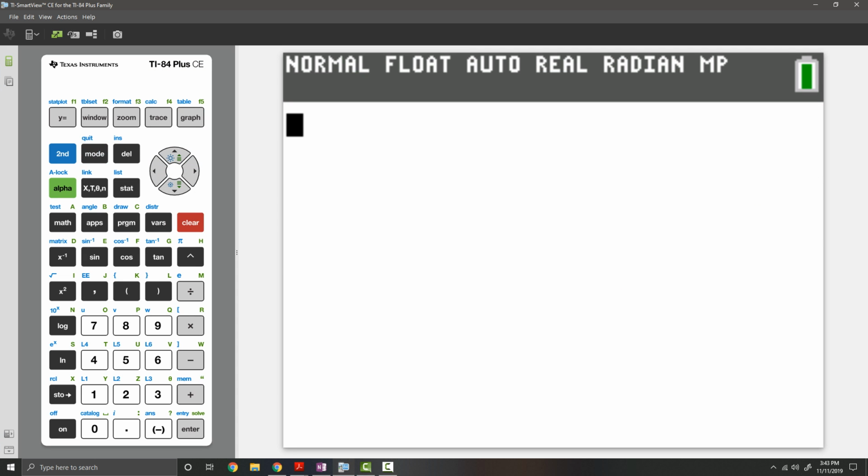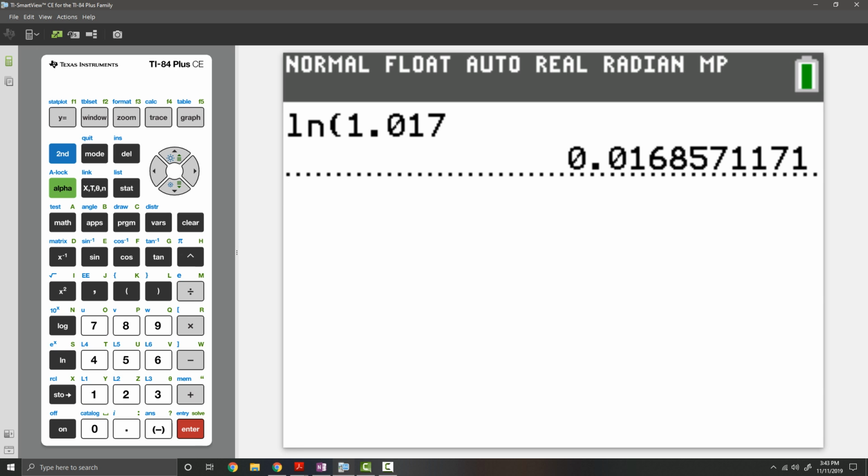So we want to take the natural log of 1.017, and if we round to, say, 3 decimal places, we get roughly 0.017, right? I just want to point out that you don't just take 1 away from natural log. It's just kind of a coincidence that it rounds to that.